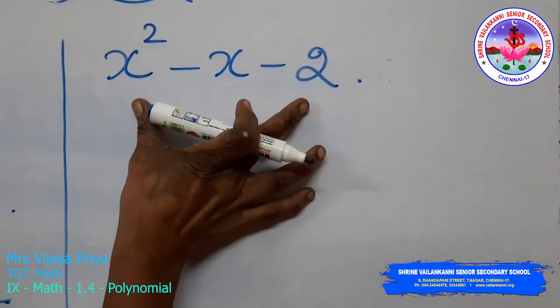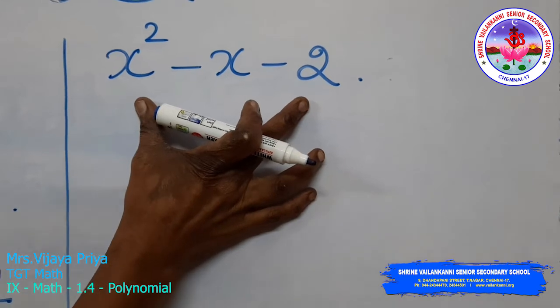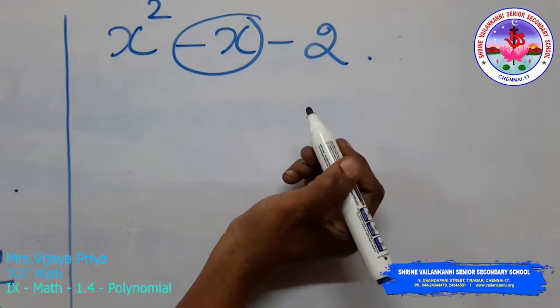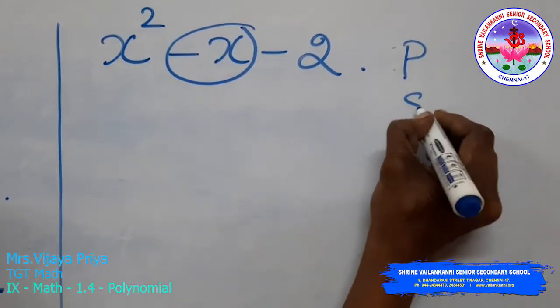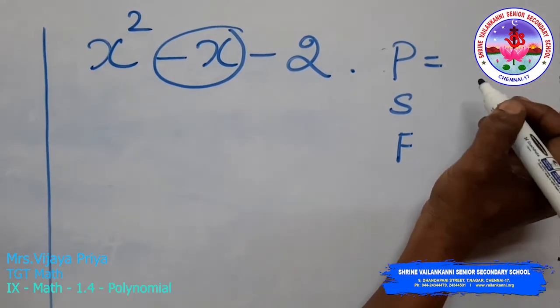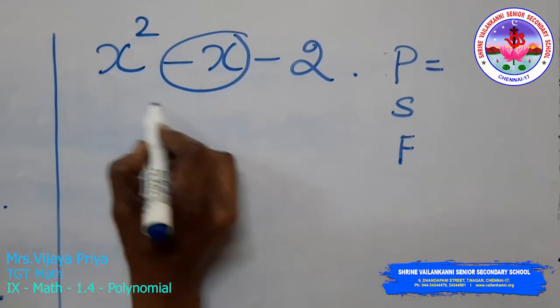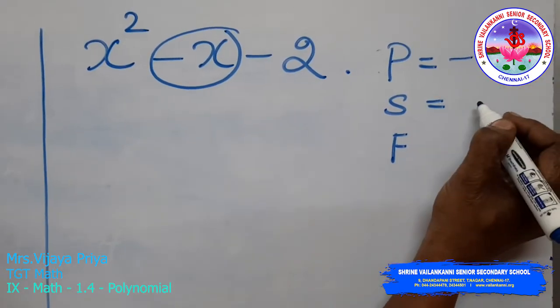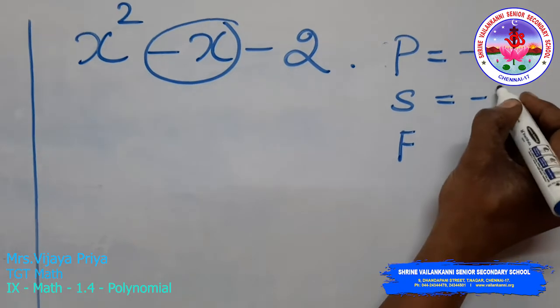Now I am going to factorize this polynomial to get two more factors. Splitting up of the middle term using my PSF method, where the product is the coefficient of x squared with the constant, 1 into minus 2 becomes minus 2. Sum is nothing but the coefficient of x, which is minus 1.